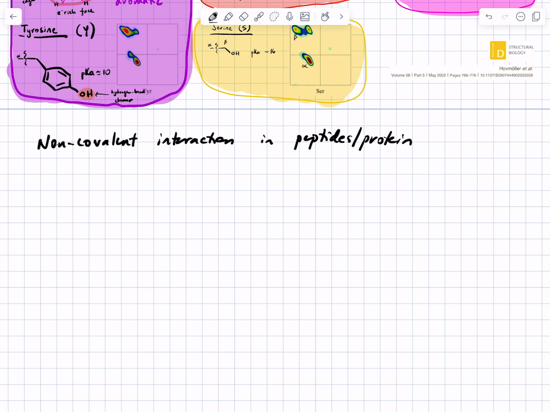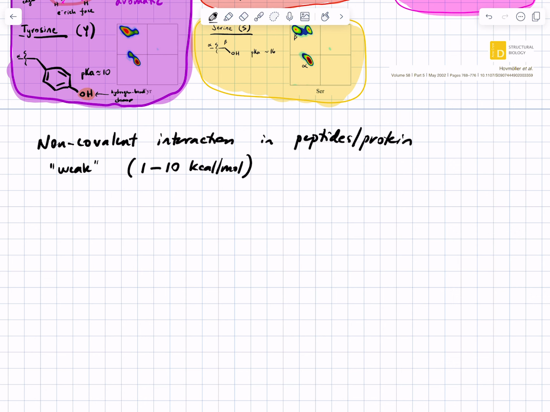So understand that non-covalent interactions are considered weak in the sense that they're not as strong as covalent bonds. They're worth about 1 to 10 kilocalories per mole, meaning it takes 1 to 10 kilocalories per mole of energy to break one of these non-covalent interactions. That's about 10 to 100 times weaker than, say, a carbon-hydrogen bond.